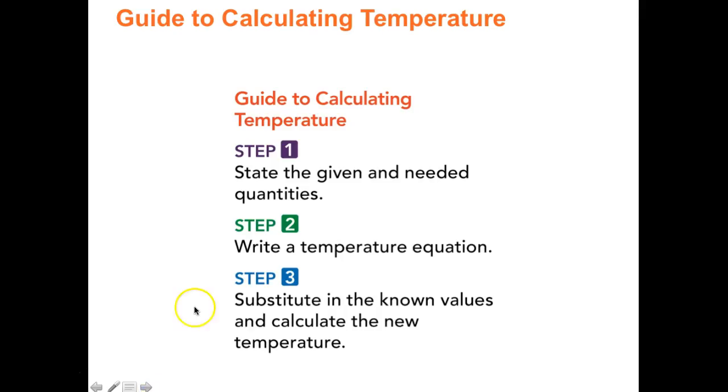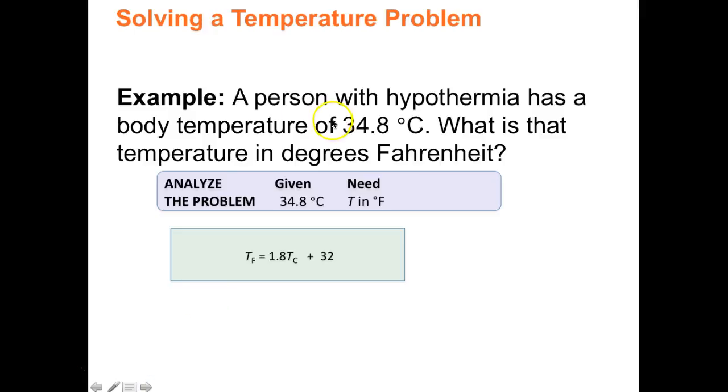State what the given quantities are, what equation you'll be using, whether it's the equation for Celsius to Fahrenheit or the other one, or Kelvin, and then substitute all the known values and calculate the new temperature. A person with hypothermia has a body temperature of 34.8 degrees Celsius. What is the temperature in degrees Fahrenheit? You convert these degrees Celsius into Fahrenheit.